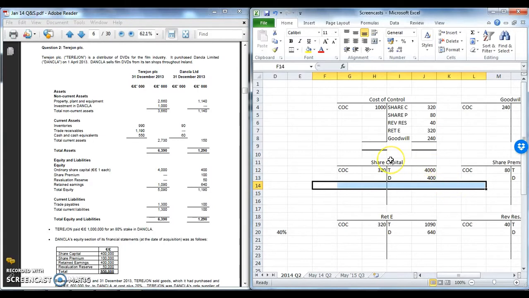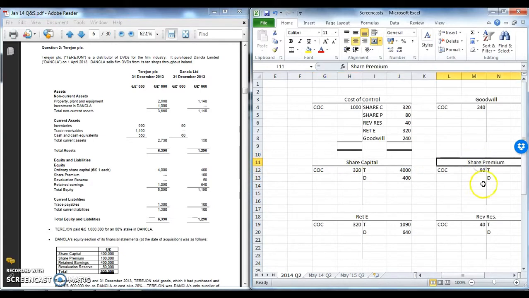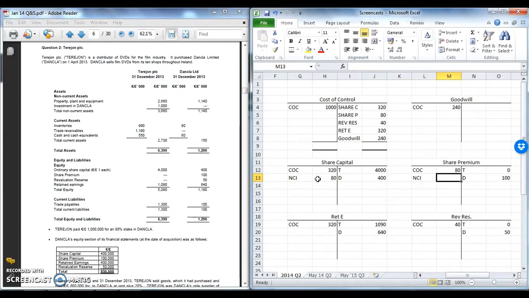One of the first steps we should do is, what is our NCI figure? The opening. We've only cleared out some of the share capital and some of the share premium. We know all of Donkla's equity pre-acquisition should be cleared out. So the NCI must get the separate portion of 400 times 0.2. Likewise, the NCI should get 100 times 0.2 for the share premium. Similar for the revaluation reserve, that 50 should be cleared out, so that other 10 must go to the NCI. And finally, for the retained earnings, of the 400 that we've had, 20% pre-acquisition belongs to the NCI.